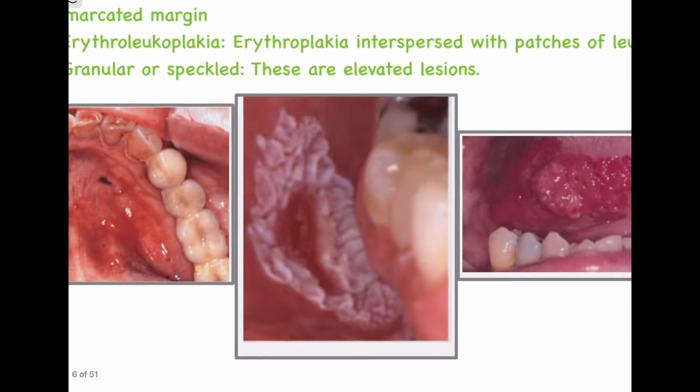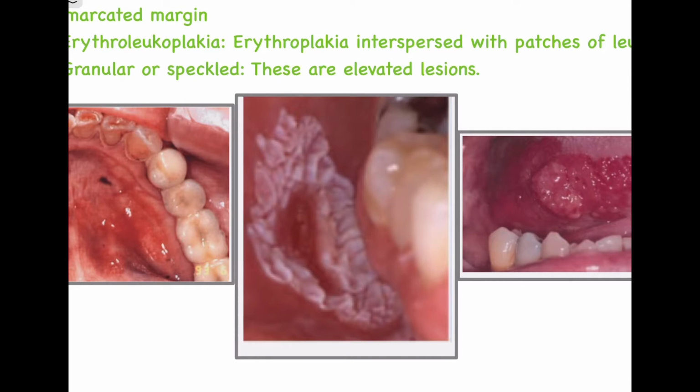Our third variant is the granular or speckled variant. Granular refers to the texture of small spherical granules, something which is speckled. These are elevated lesions, as a granule itself is elevated.